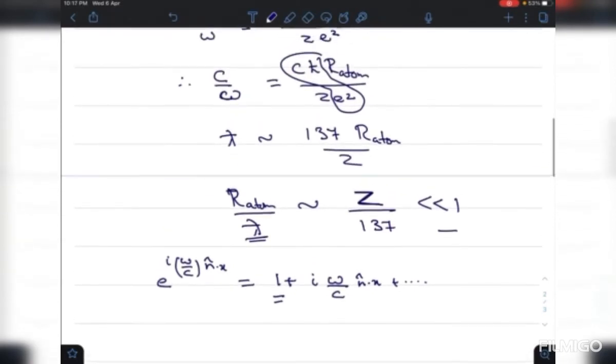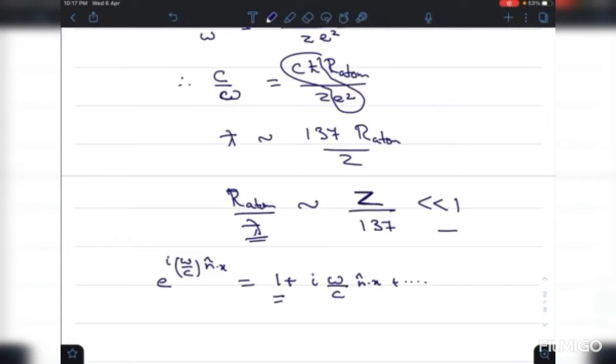That is, the wavelength of the radiation field must be far greater than the atomic dimensions. And this formula you have to put in.